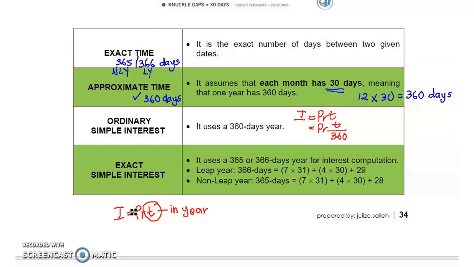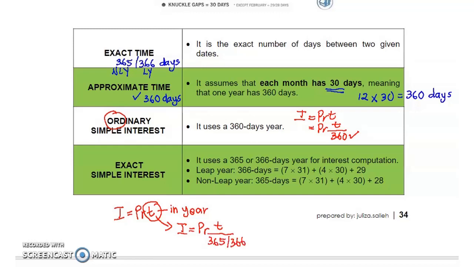So that is what is meant by ordinary simple interest: T divided by 360. If exact simple interest, value T, so let's say I equals PRT, T is divided by 365 or divided by 366.